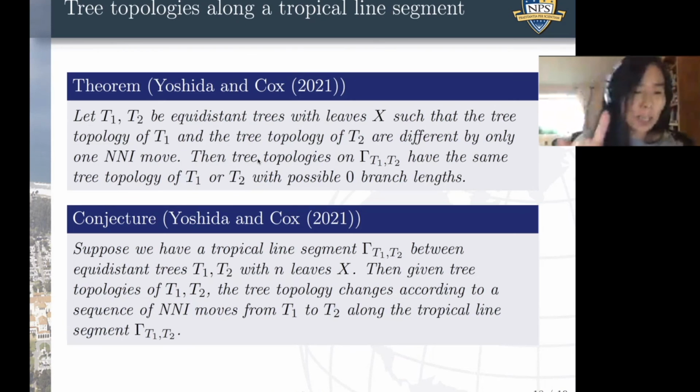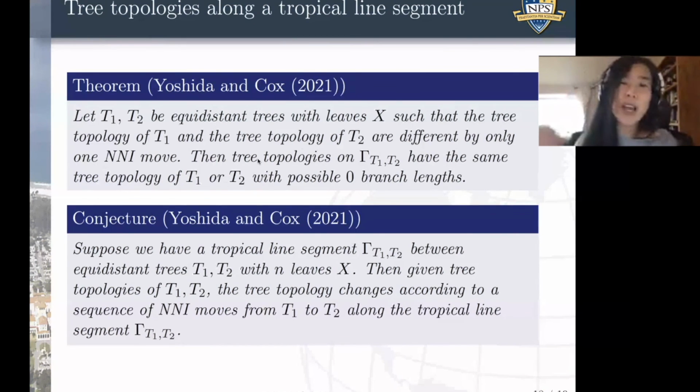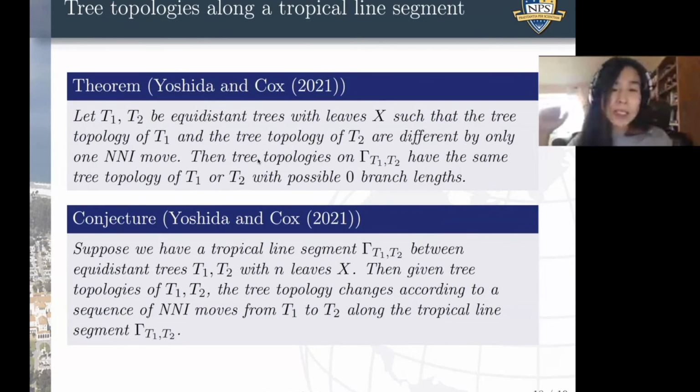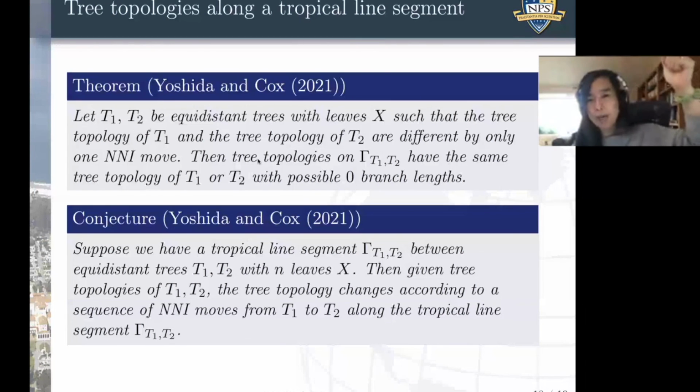But this is a conjecture. That's a big conjecture that I want to generalize. I thought I had it. I really thought I had it, but I realized there was a mistake and my proof was not complete. I would like to show that for any trees, suppose I have T1 and T2, all tree topologies along a tropical line segment change by nearest neighbor interchange moves, a sequence of NNI moves.